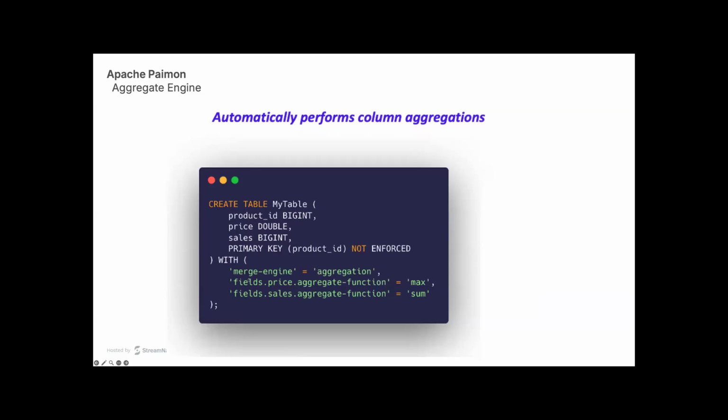If I use the merge engine as aggregation here and specify the aggregated column configuration, the moment Paimon is storing the data, it is updating the min max at the same time. That means at query time, it is not calculating the min max then. It already has the latest min max, the most updated value, in the storage. That saves a lot of time in terms of performance, so you always have the most up-to-date result in your Paimon storage.